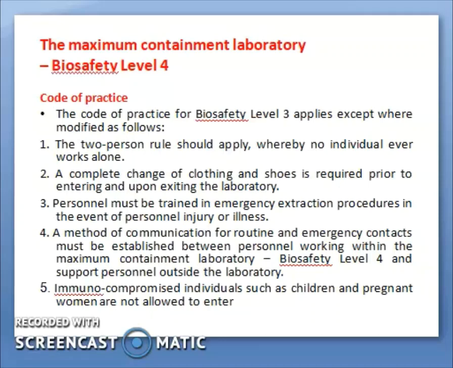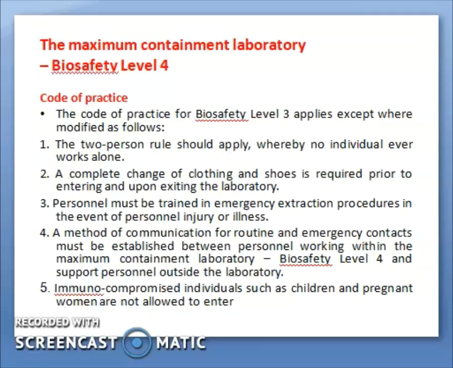Number 1, the two-person rule should apply, whereby no individual ever works alone. Number 2, a complete change of clothing and shoes is required prior to entering and upon exiting the lab. Personnel must be trained in emergency extraction procedures in the event of personnel injury or illness.